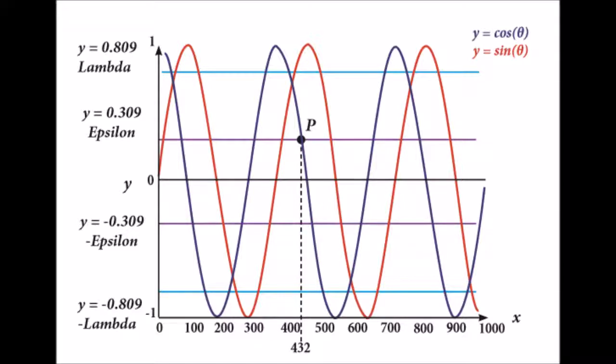So these two values are related to the golden ratio Phi and phi. Harmonic digit root 9 numbers are at the intersection points between the equations y, cosine and sine. Point P shown in the graph has coordinate x 432 and y cos 432 equals 0.309 epsilon.